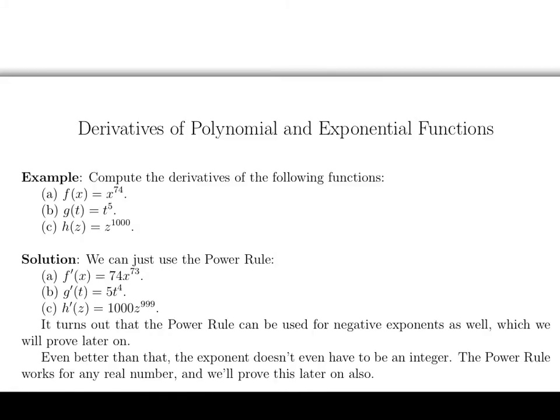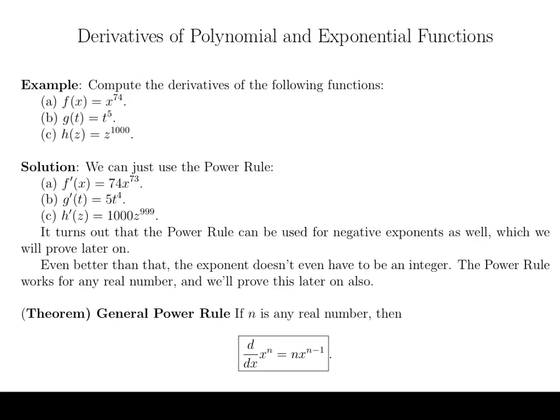I'm just going to call it the power rule. So the general power rule just says that if n is any real number, it does not actually have to be a positive integer, then the derivative of x to the n is equal to n times x to the n minus 1.